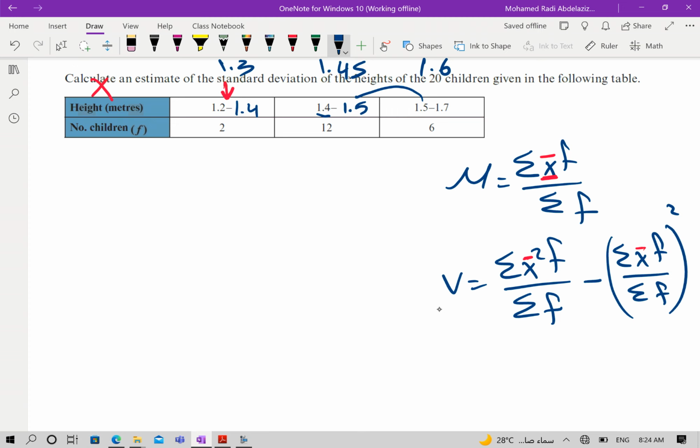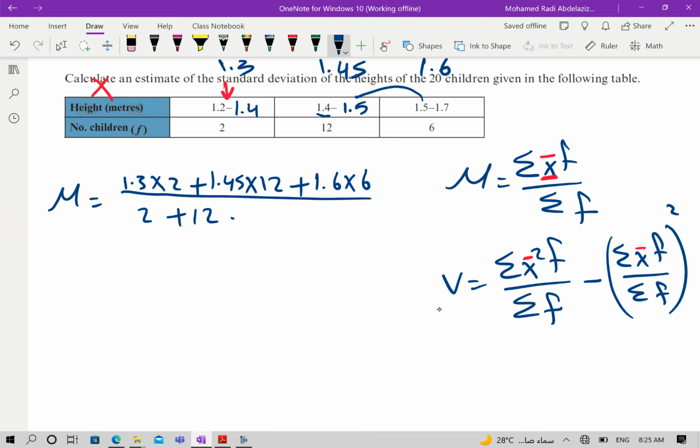How to get mu: 1.3 times 2 plus 1.45 times 12 plus 1.6 times 6, divided all by 2 plus 12 plus 6.